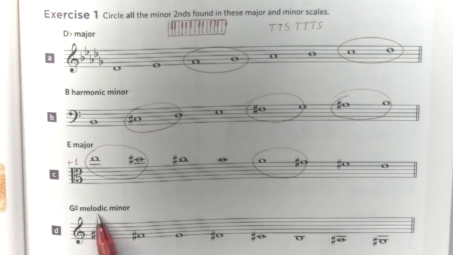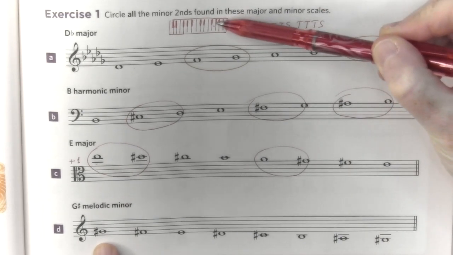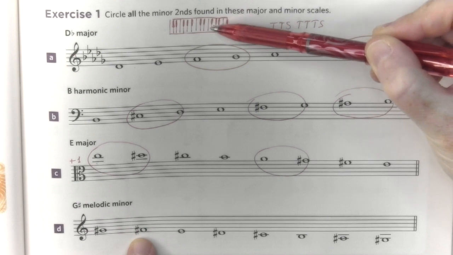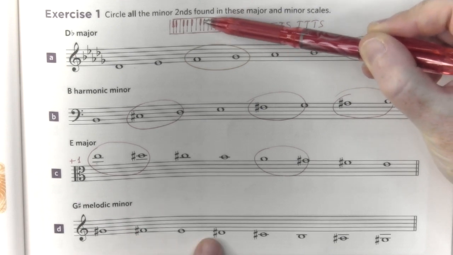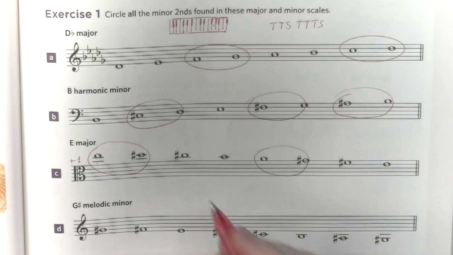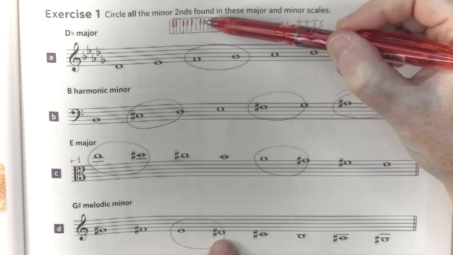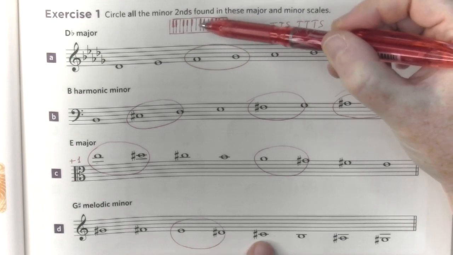G sharp melodic minor. Let's have a look. So Sol sharp, Fa sharp, that's a tone. Fa sharp, Mi is another tone. Mi, Re sharp, this is a semitone. Here we are. Re sharp, Do sharp is a tone.